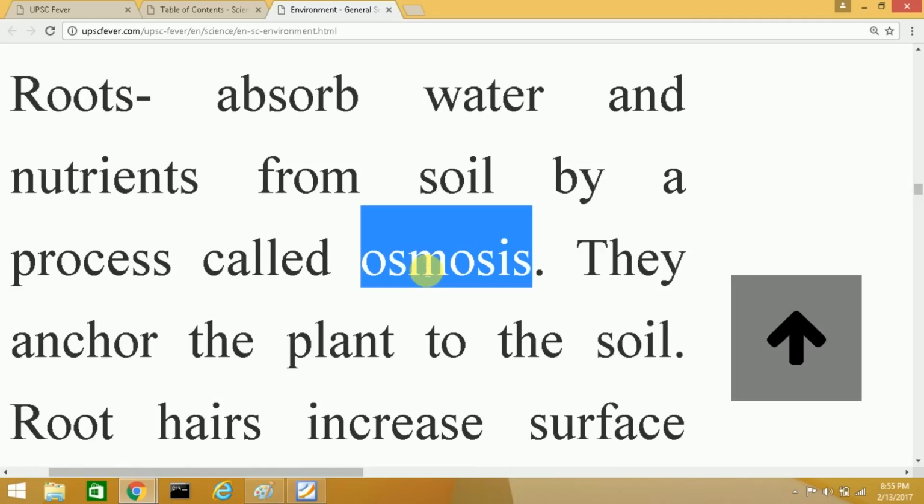There are mainly two types of roots. One is the tap root system, in which there is a single main root and there are multiple side roots or lateral roots that come out of the main root. There is also a fibrous root system where there is not a single main root, but there is a hair-like root structure. Some plants like banyan or grass allow roots to arise from other parts of the plant also.